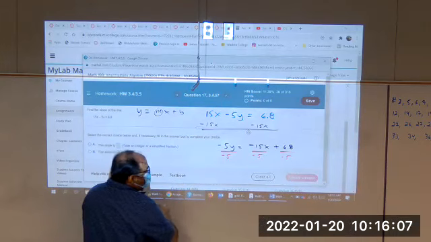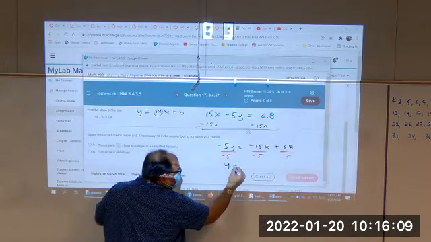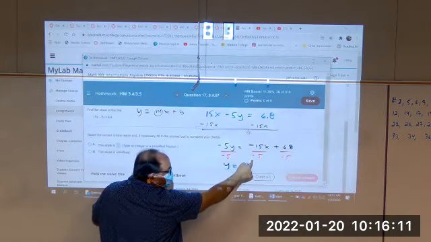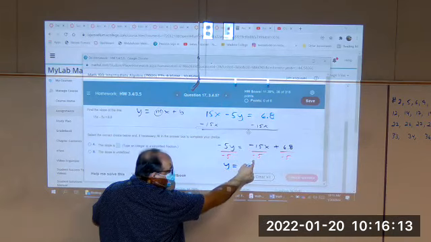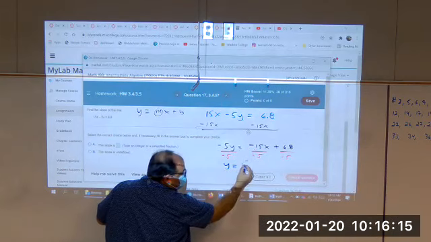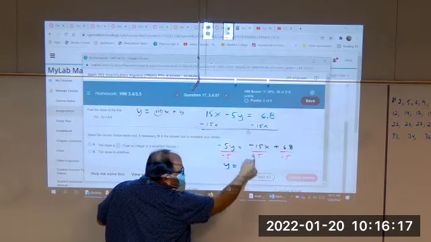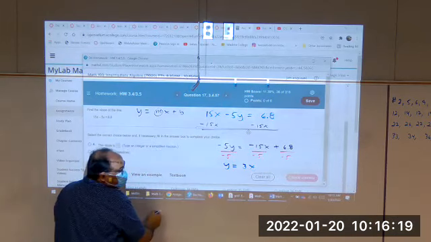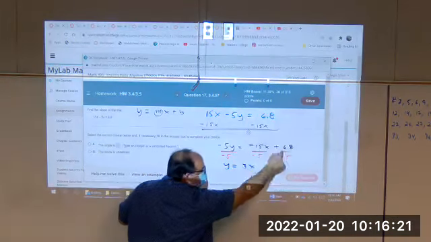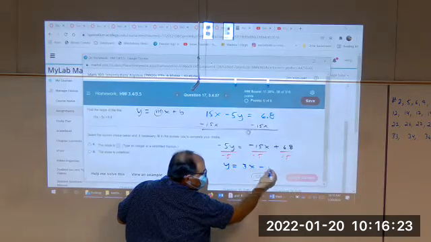So there's my y. A negative over a negative is a positive. 5 goes into 15 3 times, so that's 3x. A positive divided by a negative is a negative.